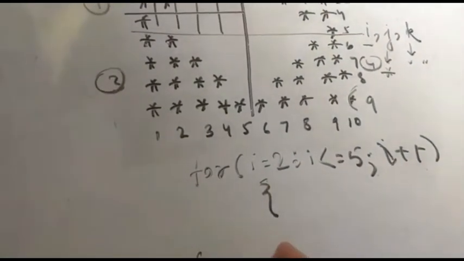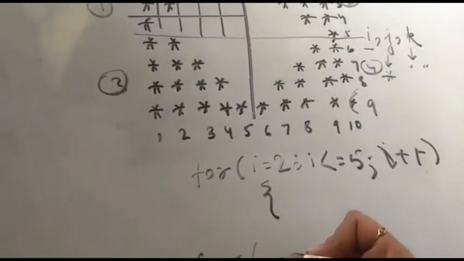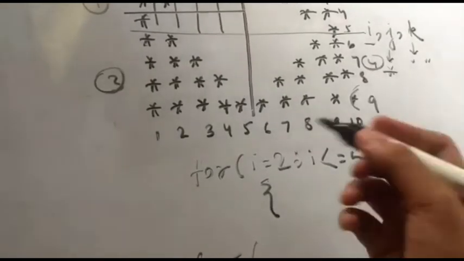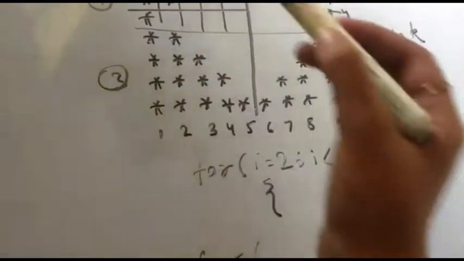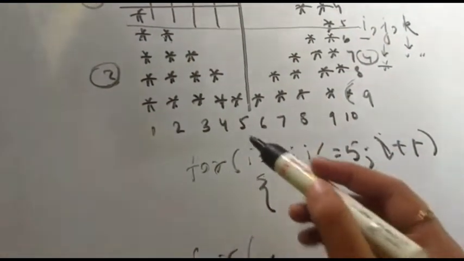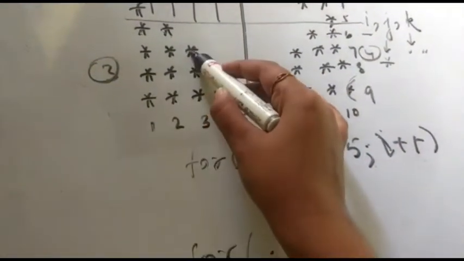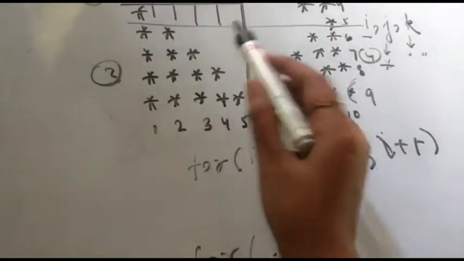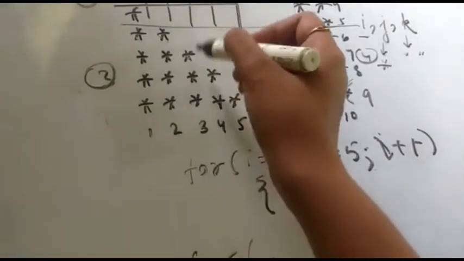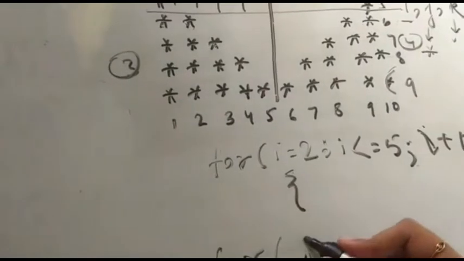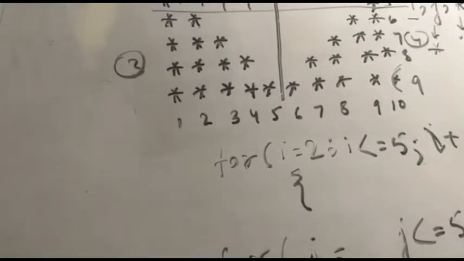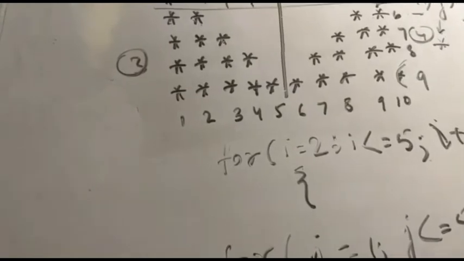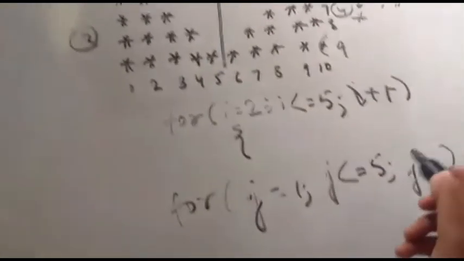Let us say that when I is equal to 2, J is also equal to 2. When I is equal to 3, J is also equal to 3, and it is incrementing. Therefore J is less than or equal to 5, and it is beginning from 1 and it is incrementing in each step. How do we justify this?